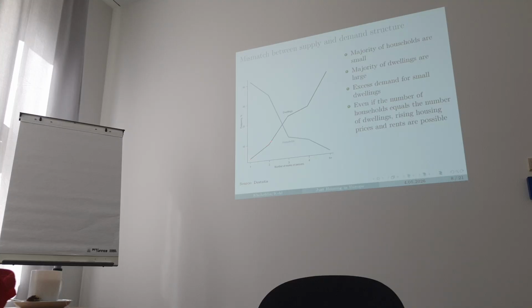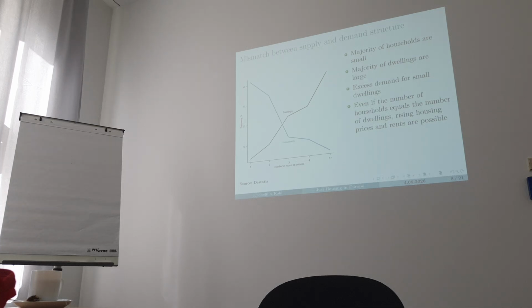By contrast, if we take the distribution of dwellings, then we'll see just the opposite. We see that there are relatively very few dwellings with just one room, and 40% of dwellings have 5 rooms and more. So it means that we have a gap between an increasingly large number of small households and a small number of small dwellings.